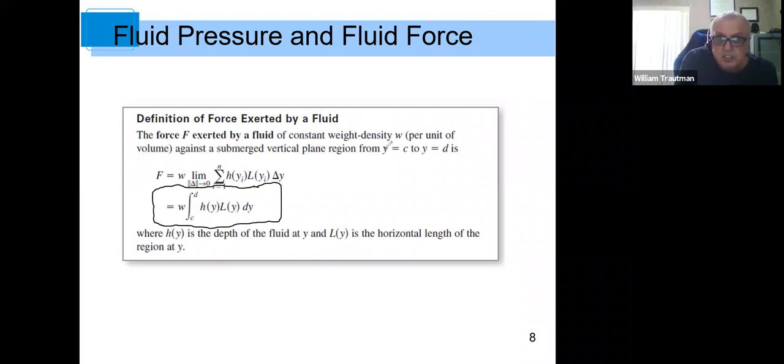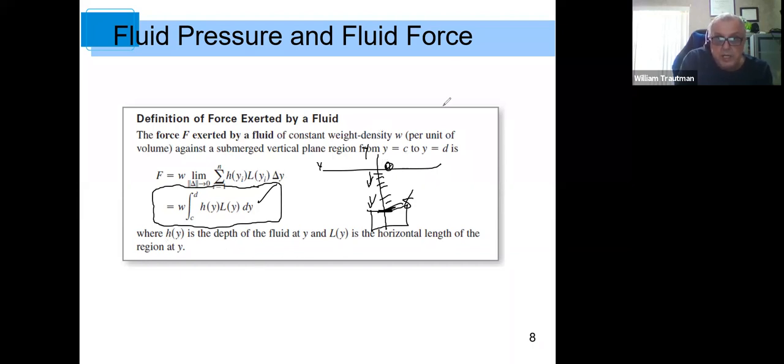In other words, we're going to integrate with respect to y, because this is the y-axis and this is the x-axis, and we're worried about the submersion, whatever is down below the water line. So we're going to be integrating from somewhere to somewhere on the y-axis.